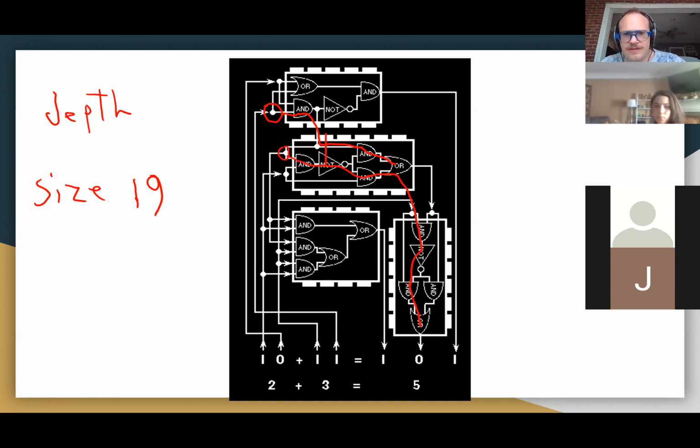Did anyone find a path that took them through more gates? Trying to think if this, no, I don't think so. One, two, three, four, five, six, seven. Yeah, I think 8's the most. Okay, so there are 2 paths that take us through the most amount of gates, here or there.